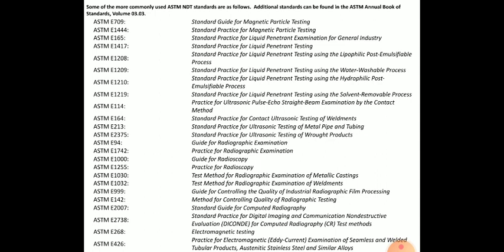So these are the basic ASTM methods, including the code, and that code defines the particular testing methods included in the WPS. These are ASTM E709, the standard guide for magnetic particle testing, and then ASTM E1444, again the practice for magnetic particle testing.